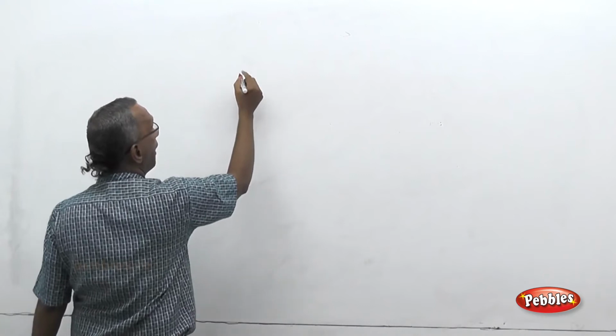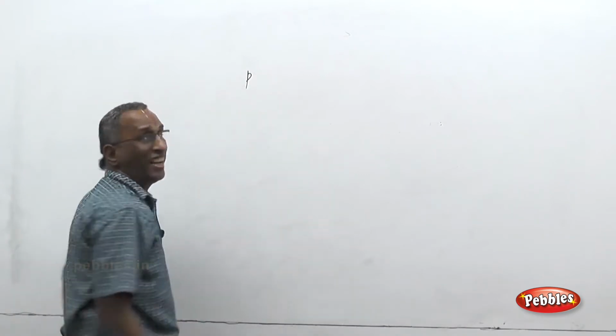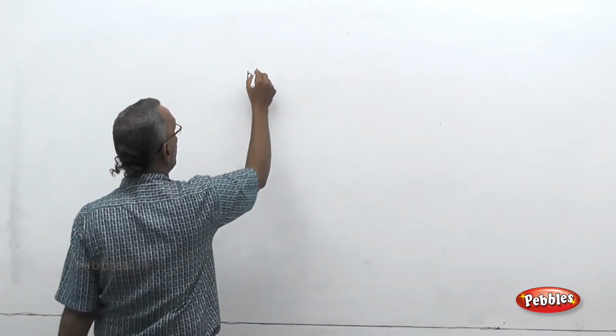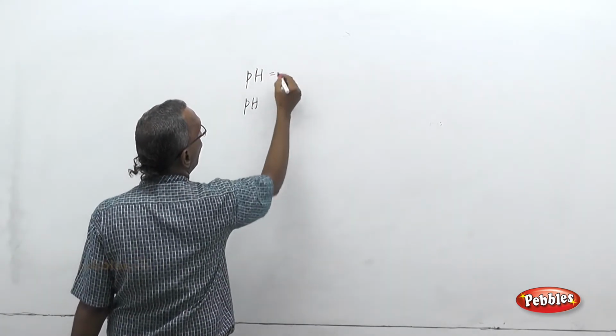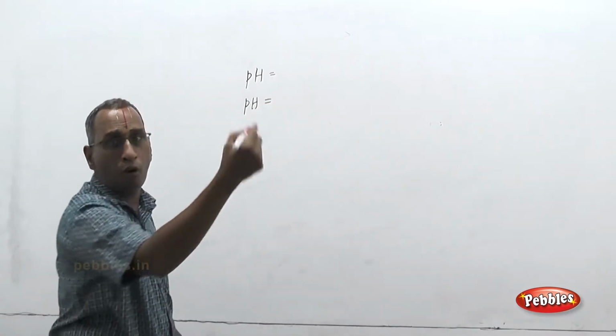One is another form of the Henderson equation: the Henderson equation of a buffer, of an acidic buffer, of a basic buffer. This is an alternative form of the Henderson equation.